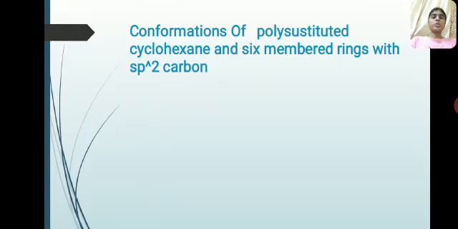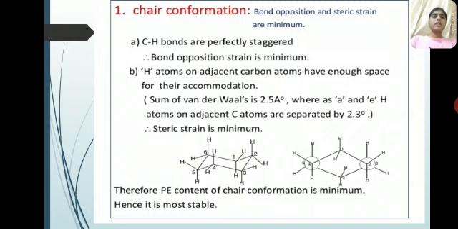Conformation of polysubstituted cyclohexane and 6-member rings with sp2 carbon. Chair conformation: in the chair conformation of cyclohexane, the 12 hydrogen atoms can be divided into two groups. 6 hydrogens are equatorial and the other 6 are axial, as shown in this figure.